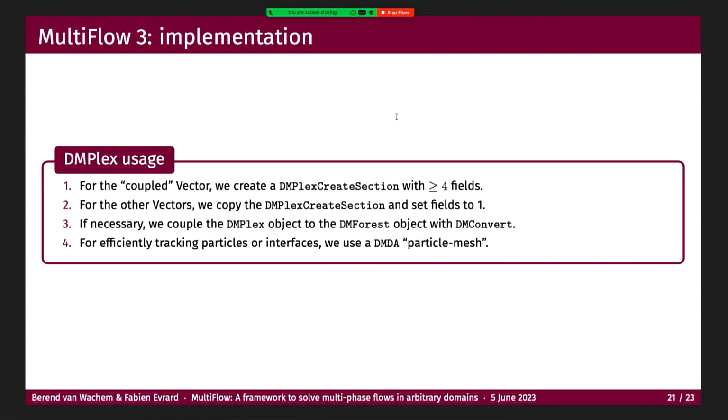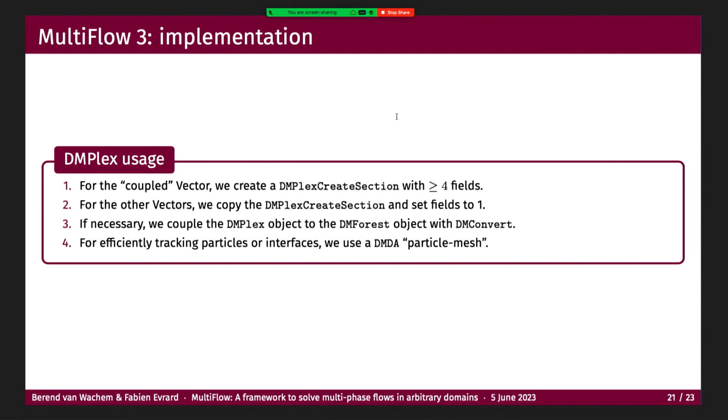So for DMPlex what we do is we have what we call a coupled vector which contains all the coupled unknowns. So that is at minimum the 3 velocity components and the pressure. So the number of fields is at least 4, but typically it will be more because we would like to also have the dynamics of an interface as a variable, where the interface of the particles are, etc. But at least it's 4.